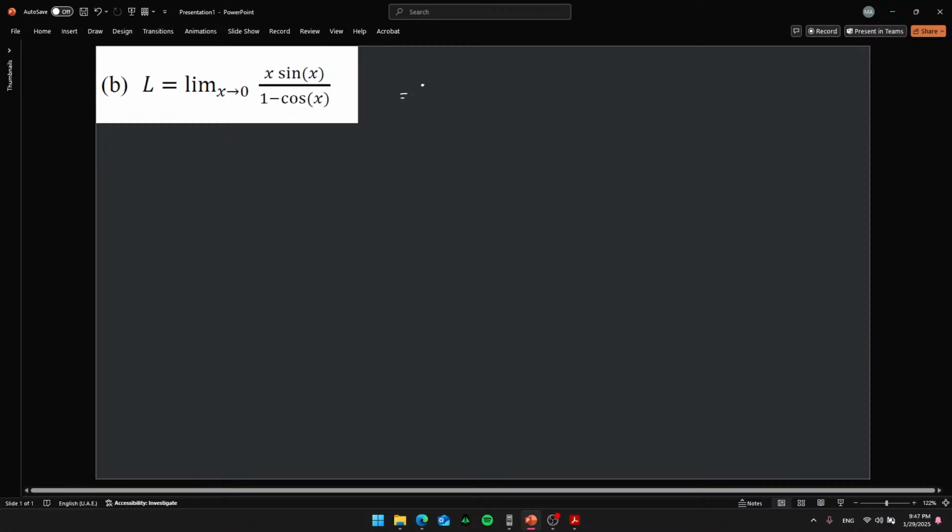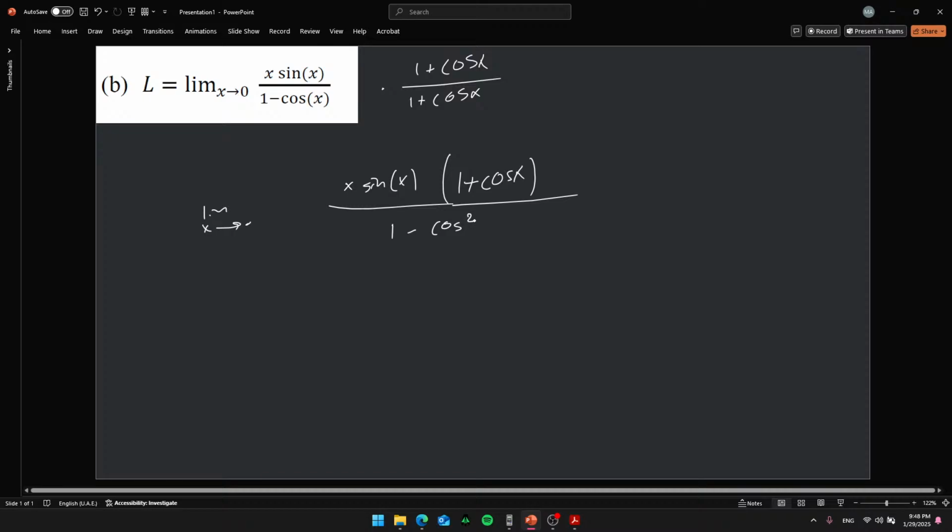If you go ahead and plug in, 0 over 0. Now multiply by the conjugate, 1 plus cosine x over 1 plus cosine x. Limit as x approaches 0 of x sine x times 1 plus cosine x over 1 minus cosine squared x. This you can change into sine squared x.